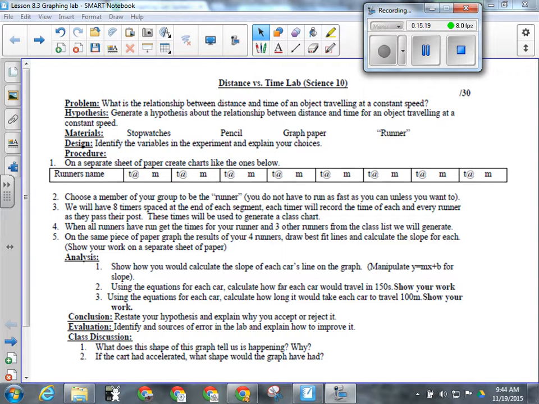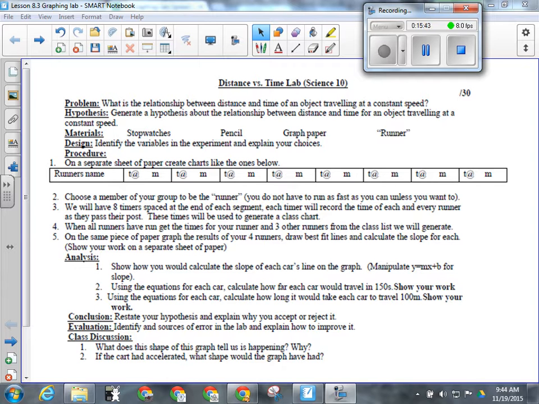What you've got to do is then use those equations, use y equals mx plus b to calculate how far each car would have gone if we'd have let them run for 150 seconds, or how long it would have taken each one to travel 100 meters. All right, so basically we're solving for x and y for each car in different situations. Okay, we'll talk a little bit more about that tomorrow once we've got the graphs built.